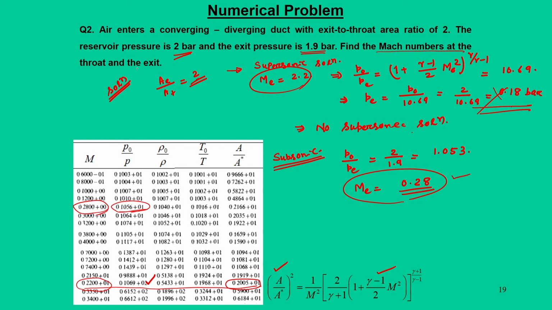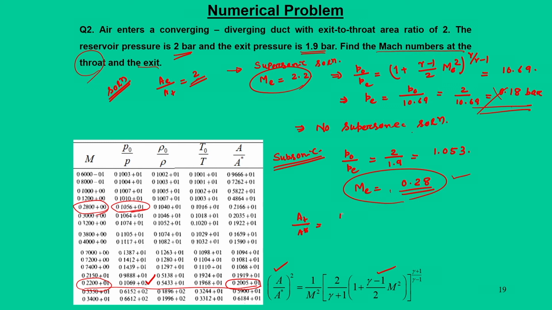You have Mach number at the exit as 0.28, but we also require the Mach number at the throat. Flow is not sonic, so you have to calculate the Mach number at the throat. For that we have to find out the area ratio AT by A star.